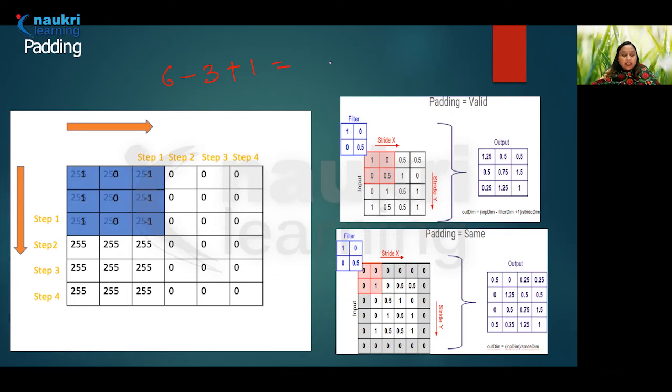So what we have is 4. The convolved feature that we get after convolution is 4.